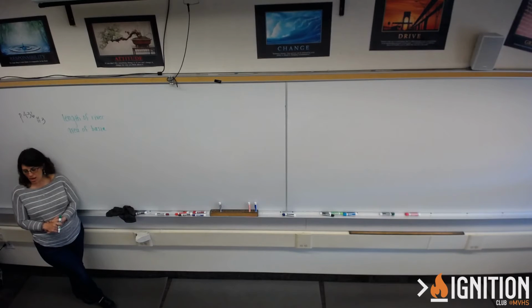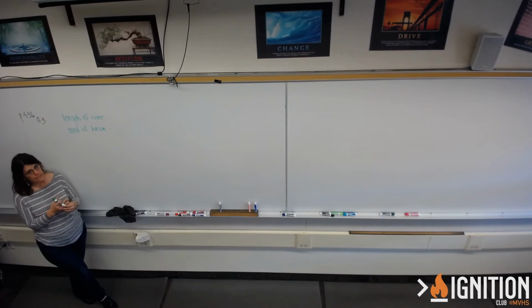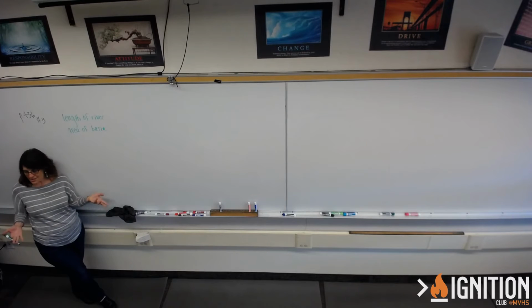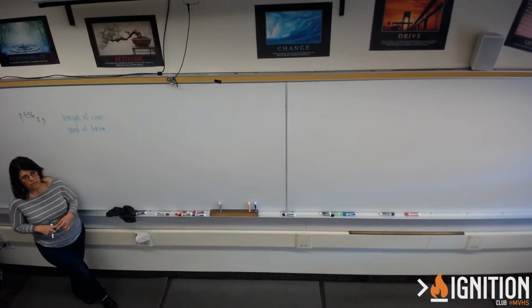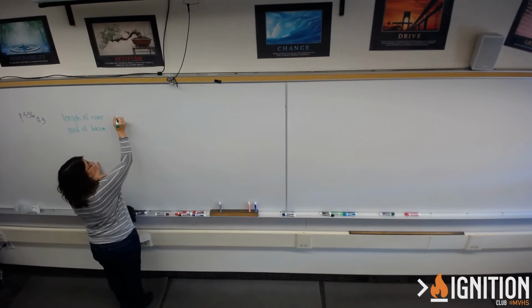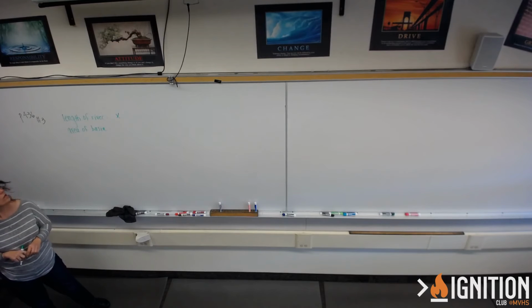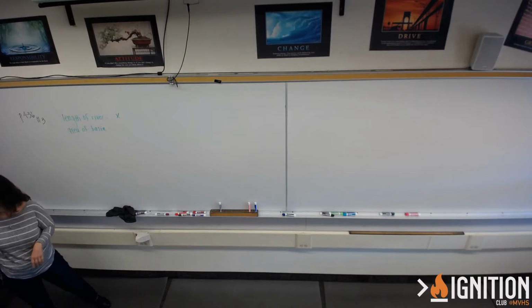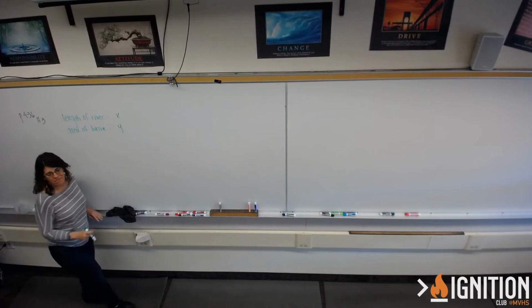So give me an X, give me a Y. Be careful. Can we use X and Y? Traditionally, X is the dependent variable. So what do you got? The length of the river is X. Therefore, the area of the basin is Y. All right?